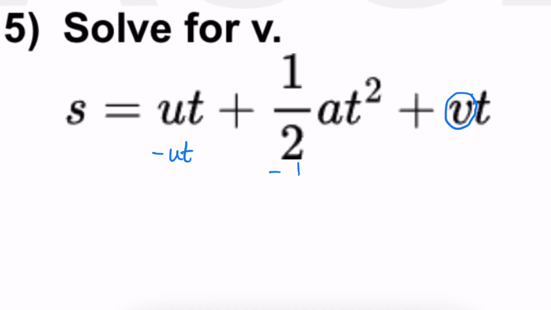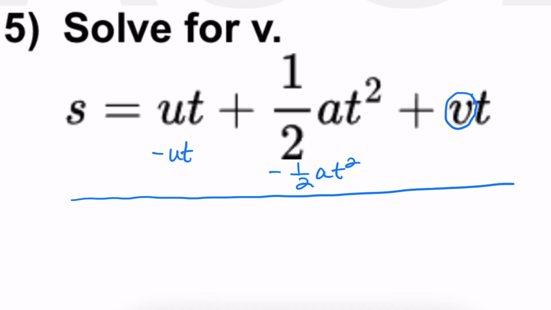We're going to subtract the 1/2 AT squared, but not this item here. We're going to do something different there. So when we do that, we're left with S minus UT minus 1/2 AT squared, which is equal to VT.